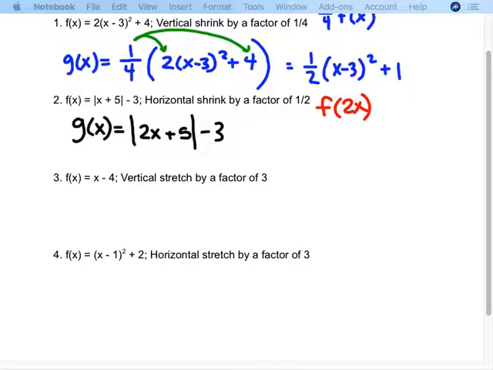Why is it the reciprocal and not a reciprocal? So only horizontal is the reciprocal.